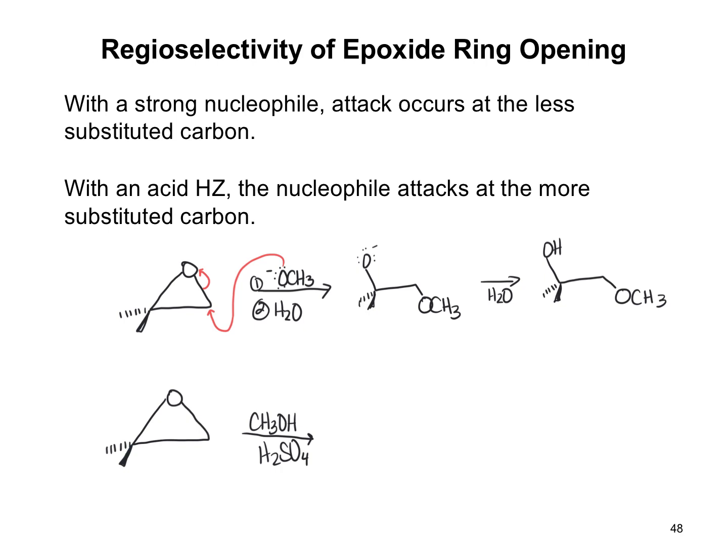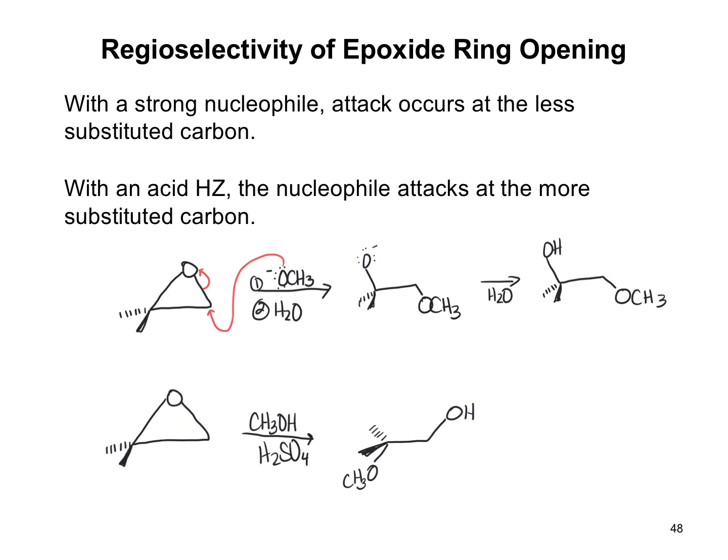And so what we're going to form then is that molecule there. And so these are two examples where we have a strong nucleophile and we have an acid with a weak nucleophile, and we can see how it attacks in different places.